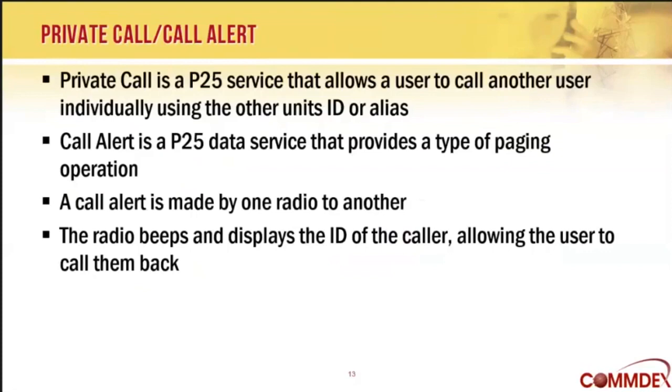On the other hand, call alert is more of an alerting system or a paging system that will send an alert tone to an operator. So if he's away from his radio or away from his vehicle, it'll alert him that somebody's trying to reach him. The call alert is made by one radio to another. With private call or call alert, the radio displays the ID of the caller, and allows them to call back.